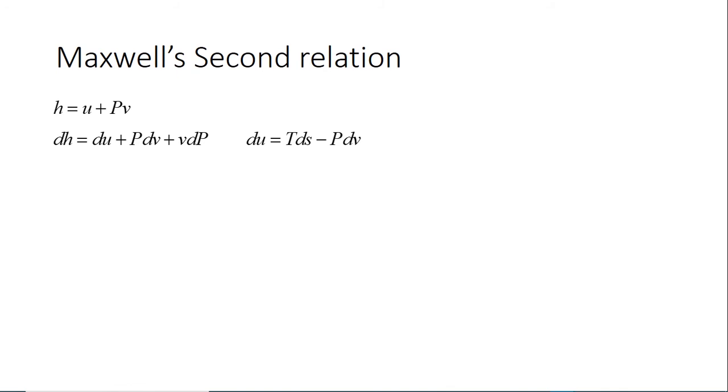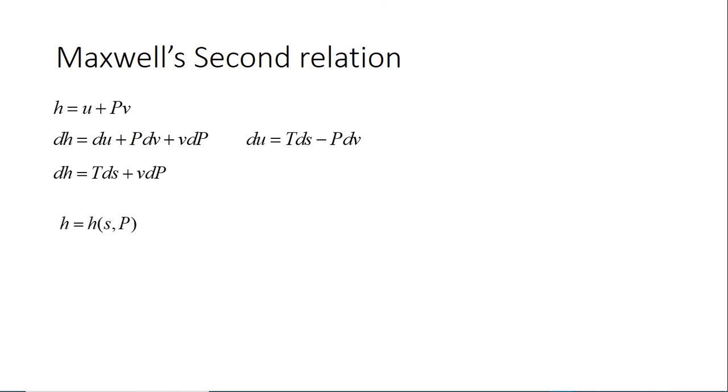Now, in the previous slide we had seen that du is equal to TdS minus PdV. So here you can see that this du part is there. du is on the left hand side, and when you take PdV to the left hand side it becomes positive, so you will get TdS. So du plus PdV is TdS. So what you will get? dh is equal to TdS plus VdP.